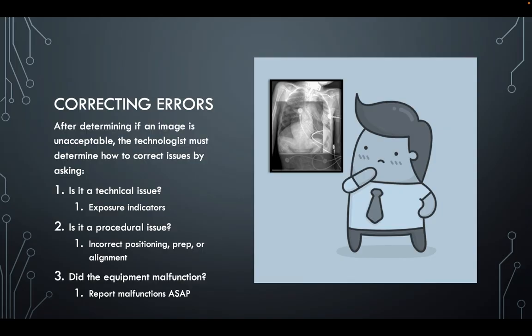Something else I wanted to say on the technical issue, the exposure indicators. We've talked a ton, and you know a lot about ALARA, as low as reasonably achievable. But exposure indicators relate to as low as diagnostically achievable. So you may run into times where your exposure indicator says that you are super underexposed or super overexposed, but you look at your image and your image looks fine.